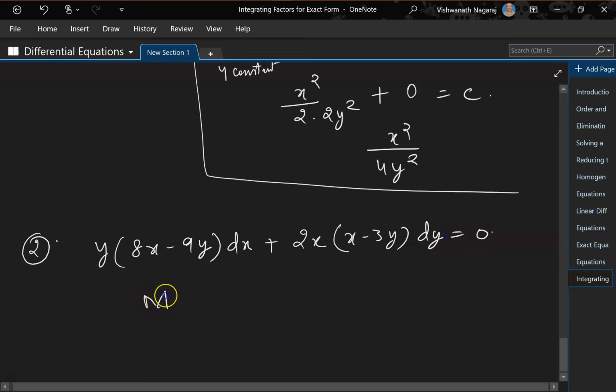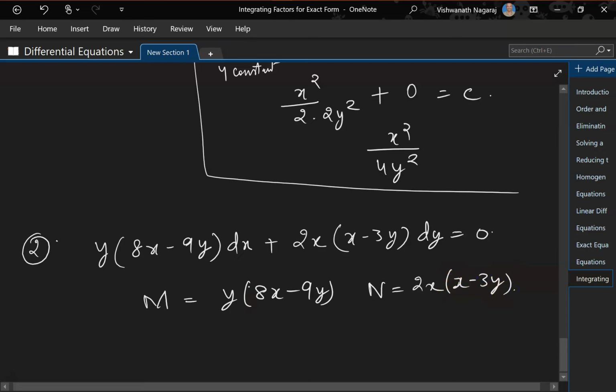Now here M is y times 8x minus 9y and N is equal to 2x times x minus 3y.